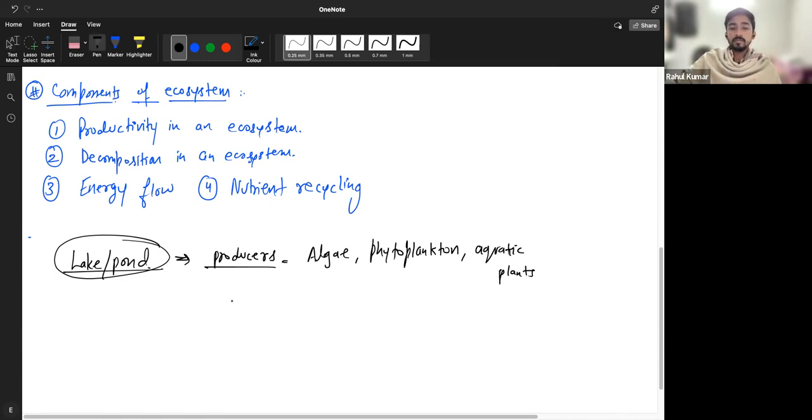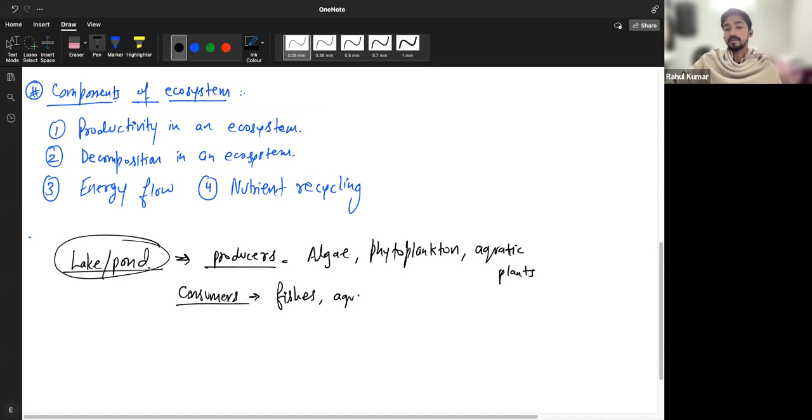And who are the consumers or decomposers in the ecosystem? So if something is being produced by plants, phytoplankton, algae, it will also be consumed, right? So you see fishes. Someone give an example of fishes. These are consumers, correct?